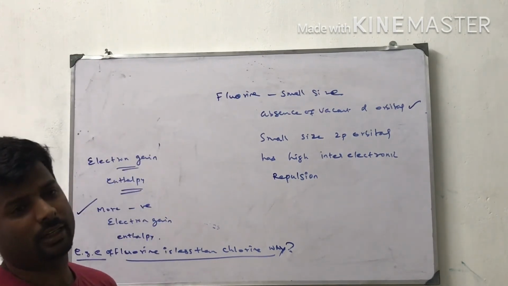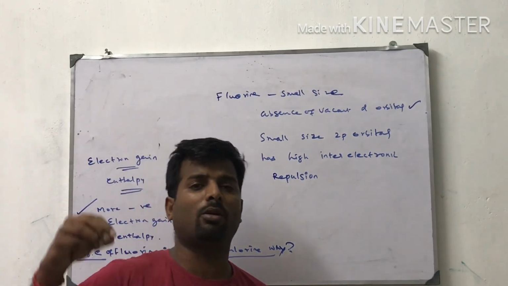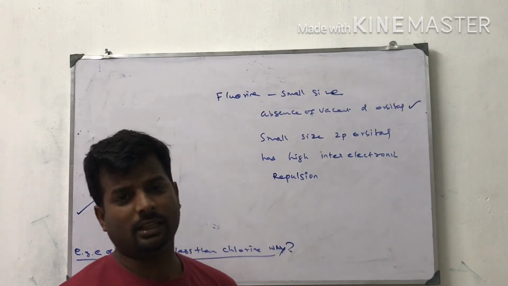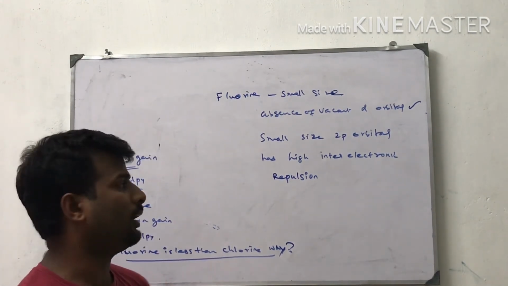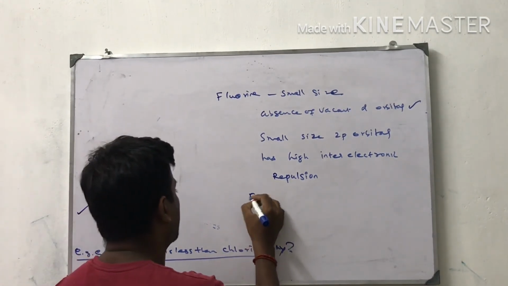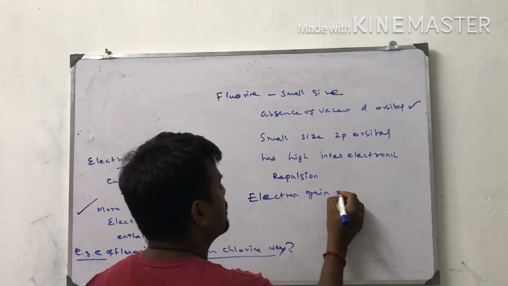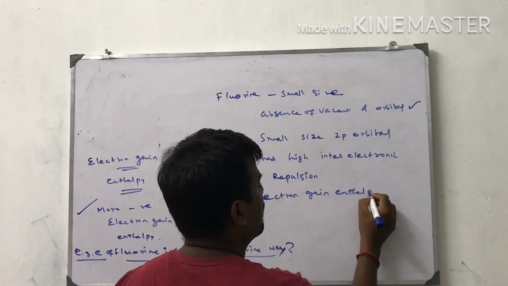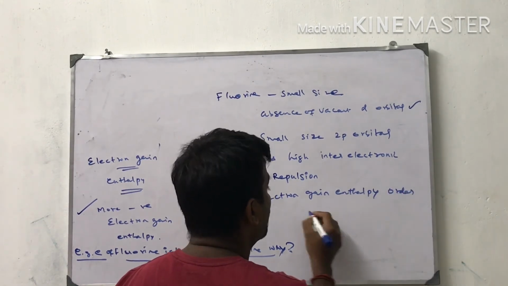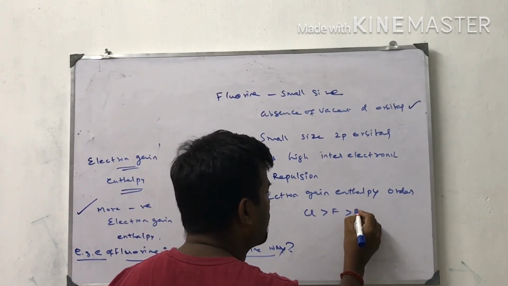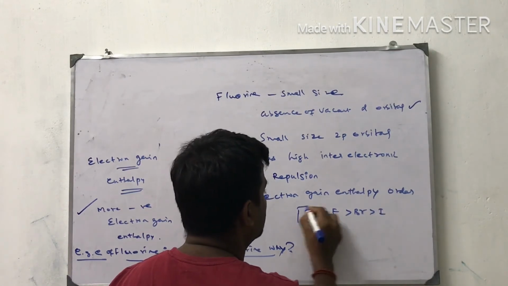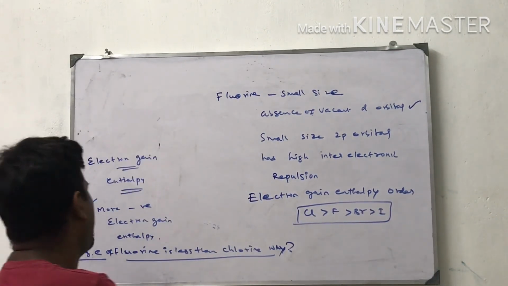Chlorine contains vacant d orbitals also. Therefore, adding one more electron is easier when compared to fluorine. That is why the electron gain enthalpy order is chlorine greater than fluorine greater than bromine greater than iodine.